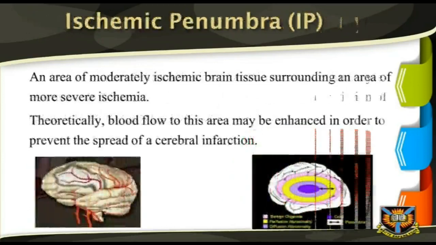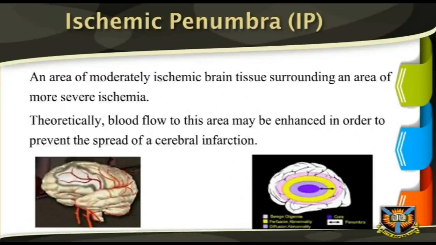Ischemic penumbra. Within an hour of hypoxic ischemic insult, there is a core of infarction surrounded by an oligemic zone called the ischemic penumbra, where autoregulation is ineffective.